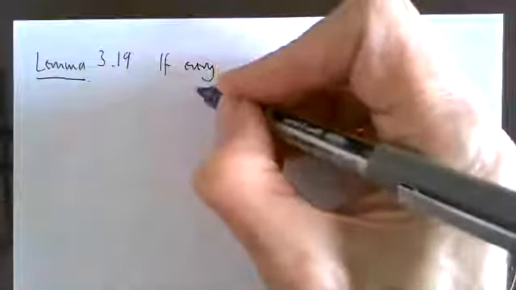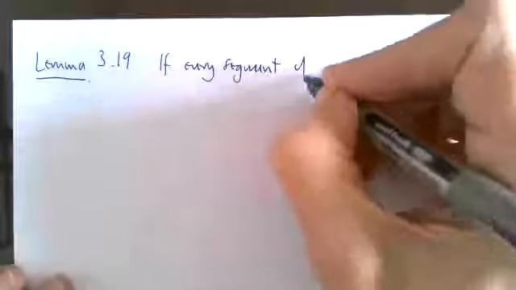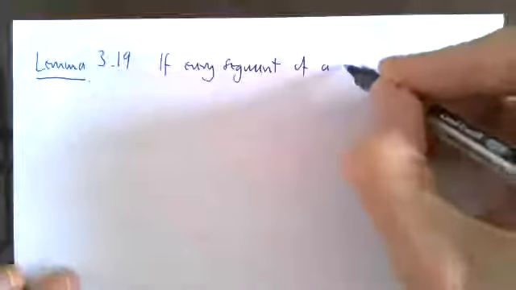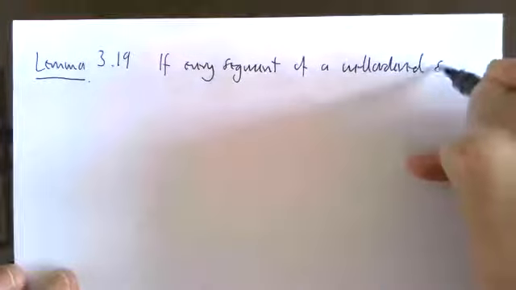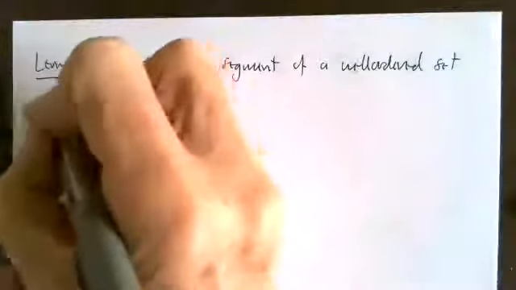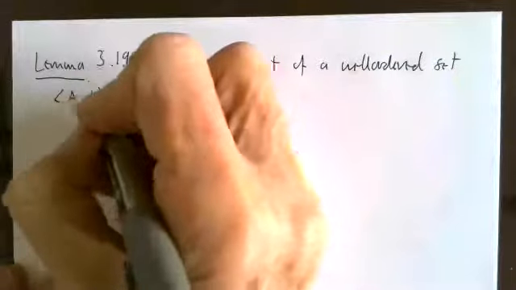So it looks like a proof by induction. If every segment of a well-ordered set is isomorphic to an ordinal, the whole well-ordered set is isomorphic to an ordinal.